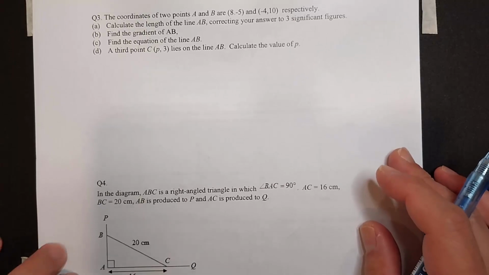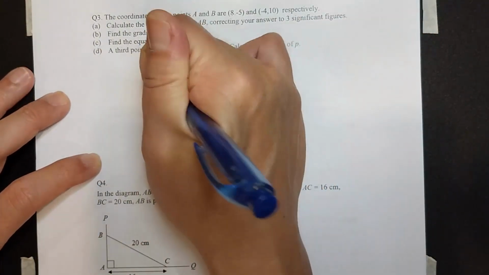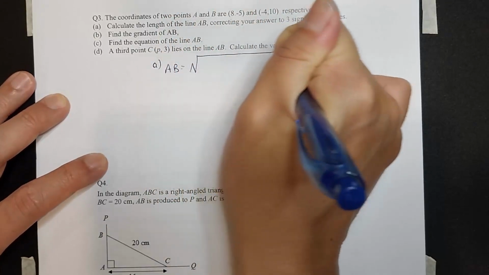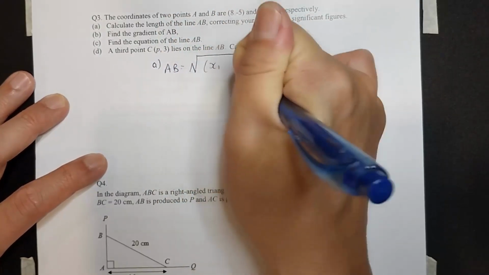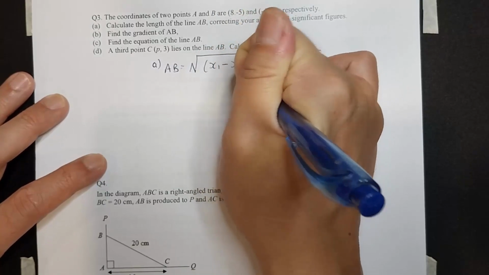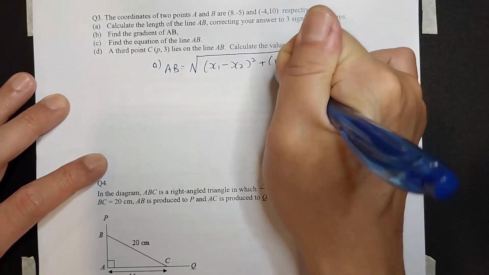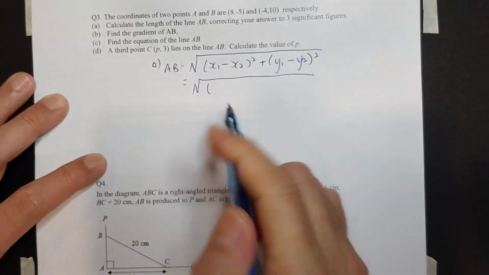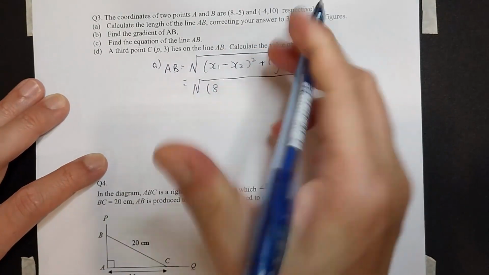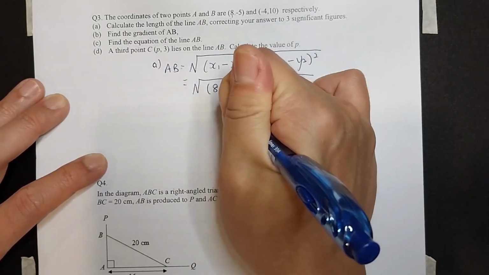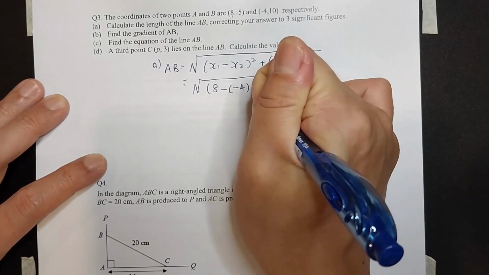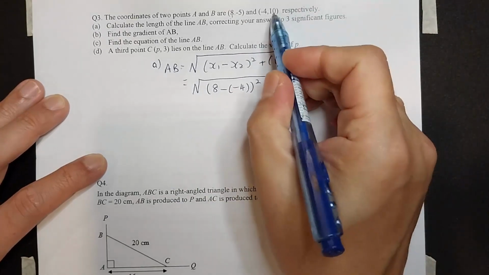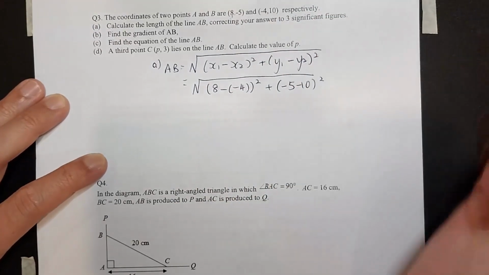The next question is a coordinate geometry question. To find the length of AB, the formula will be equal to the square root of x1 minus x2 squared plus y1 minus y2 squared. So we will square root the x coordinate, 8, minus away negative 4 squared, plus y minus away 10 squared.